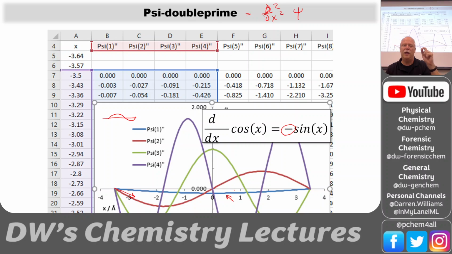Okay, and notice when we pull those arguments out of inside of that function, they become coefficients and they multiply by the curve. And notice that the most curvy curve here, psi 4, is the tallest amplitude. And the least curvy curve is n equals 1, and it's the smallest amplitude.